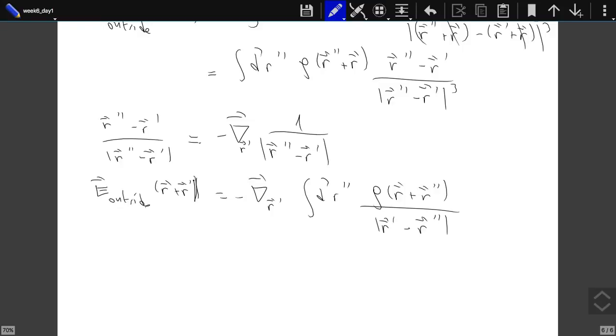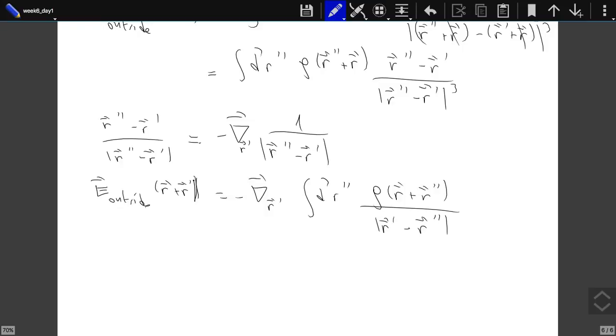We are calculating the electric field at this point, so we have to take the gradient with respect to the position of that point, which is the point of observation. The point of observation, which is r prime, or r plus r prime. So we have to take the gradient with respect to r plus r prime. But in this gradient, we are only changing r prime because, as I said, r is a constant vector. So that is why we have the gradient with respect to r prime.